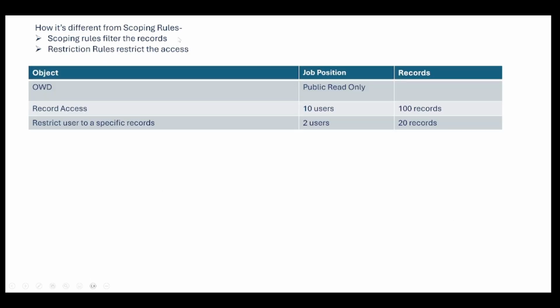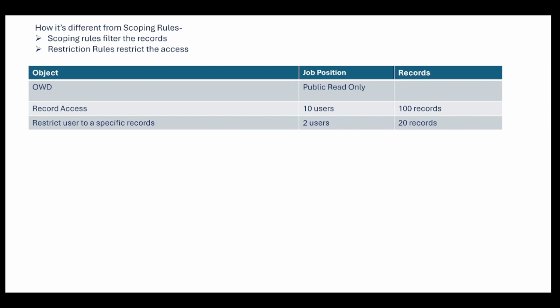Now let's take an example and see how it is different from the scoping rule and how it is similar. When you define a restriction rule, you will see the same criteria as in the scoping rule, the permission criteria and the user criteria. So while defining a restriction rule, it's completely similar to the scoping rule.